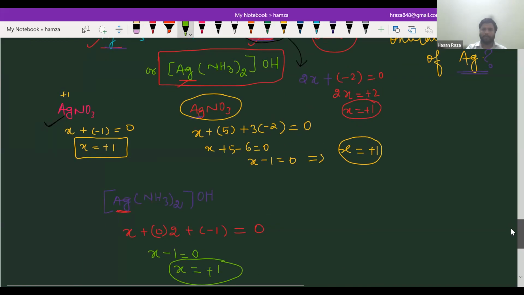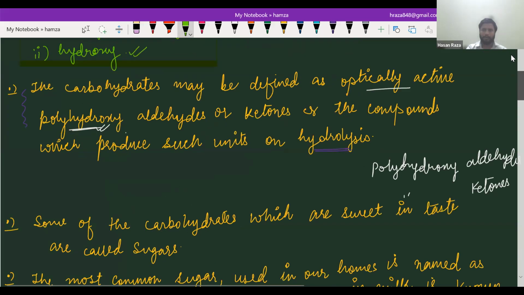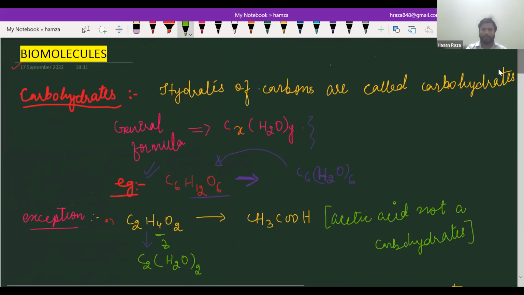Okay, Alia, you are going to take a screenshot from here and let me know whenever you are done with this. This was the first lecture of biomolecules, and then carbohydrates. So what are carbohydrates? Initially, scientists defined them as hydrates of carbon, and whatever fit the formula Cx(H2O)y is a carbohydrate.